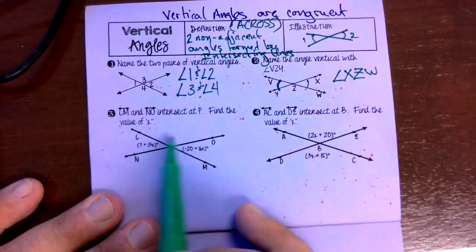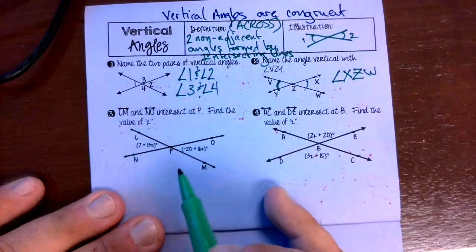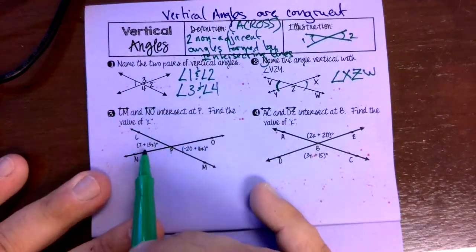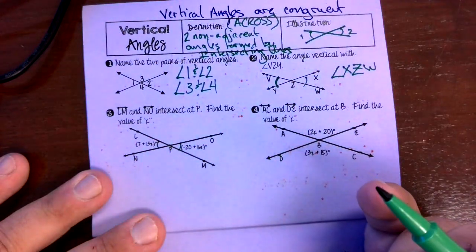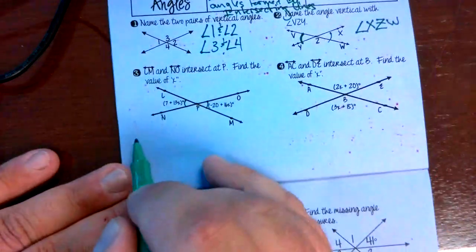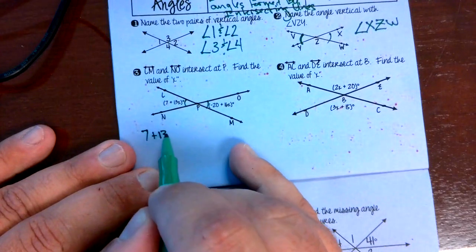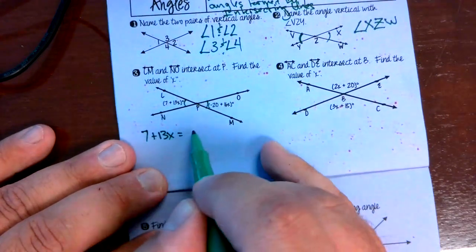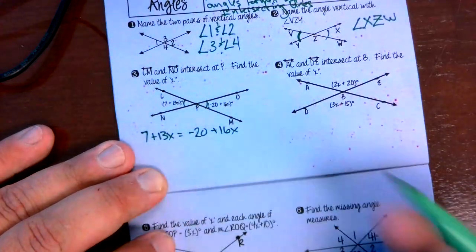So right here, we're told that the lines intersect and we want to find the value of x. These two angles are vertical angles, which means they're congruent. I can set up an equation: 7 plus 13x equals negative 20 plus 16x.